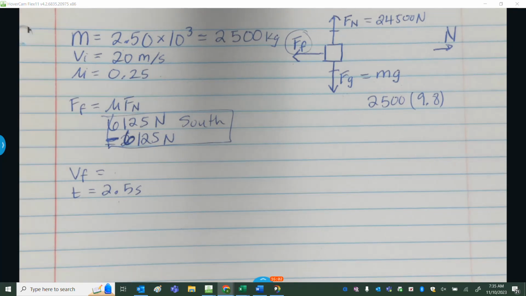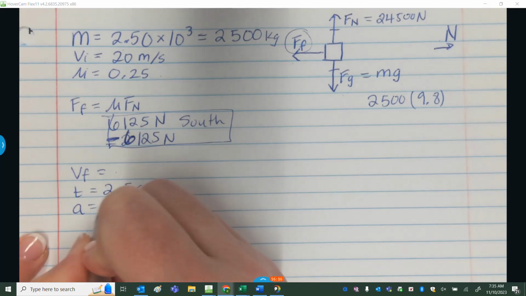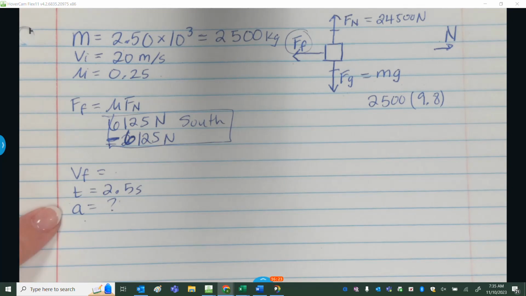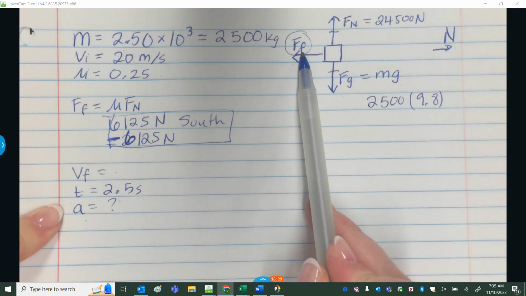That sounds like a kinematic equation, but I really need to know what my acceleration is. In order for me to use this kinematic equation, I need to have one more piece of information. So before I can actually solve for this final velocity, I first need to solve for acceleration and then for VF. And I have the information to find acceleration because if I look at this diagram, FF is my net force.